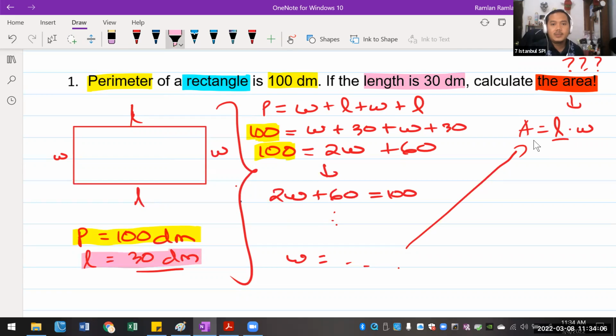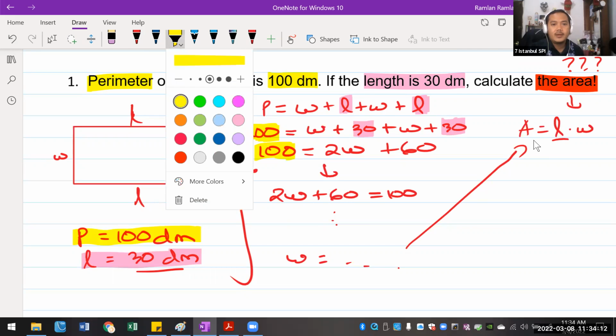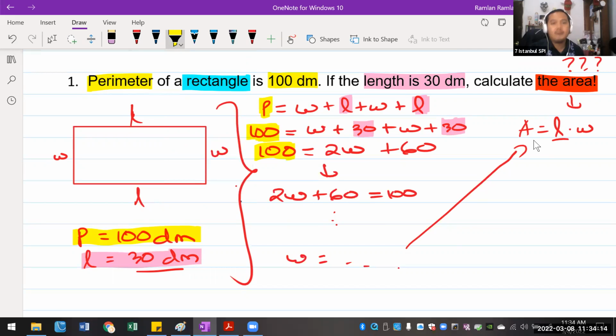So we can substitute the L by 30, right? This is the L, this is the L, and then we have 30. And then after you get all of them, you simplify. This W plus W is going to be 2W. And this 30 plus 30 is going to be 60. After you get that, this is an equation, and then you just solve this equation, and you will get the W.